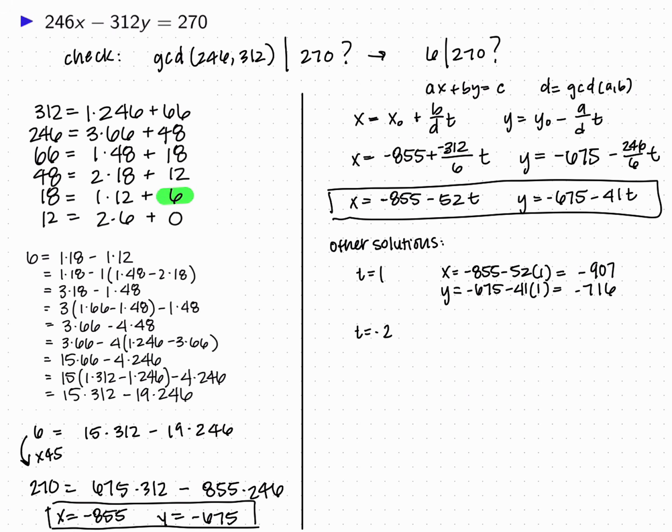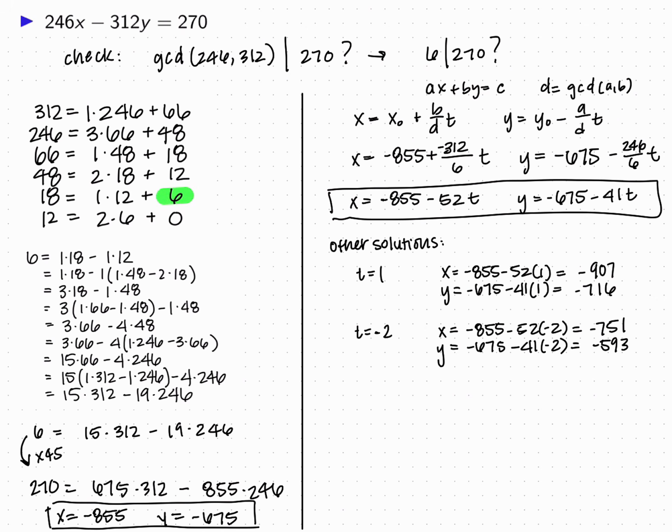Maybe we let t equal negative 2. Remember, just let it equal some integer, and you'll be sure to get an integer as your solution. So we got x equals negative 855 minus 52 times negative 2, which is negative 751, and y equals negative 675 minus 41 times the negative 2, and that ends up being negative 593.